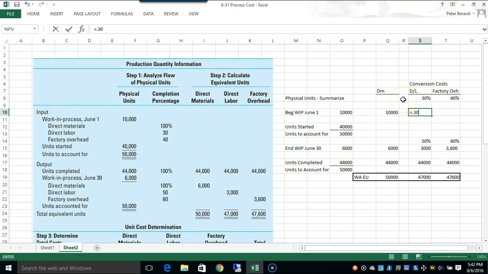Direct labor for physical units, beginning inventory of 10,000 is 30%. And factory overhead for beginning WIP of 10,000 units complete is 40%.